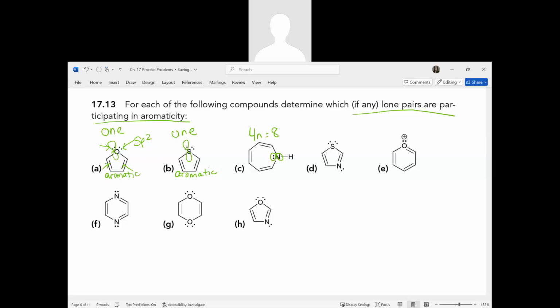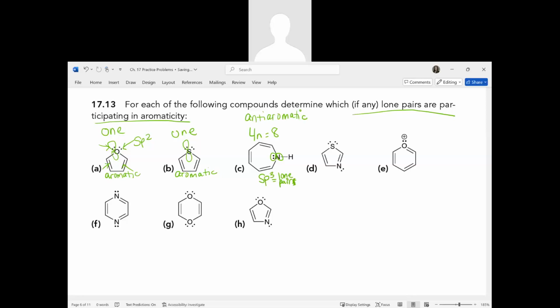So therefore, we would have an anti-aromatic compound. And to avoid the increased instability associated with anti-aromaticity, the lone pair would be expected to occupy an sp3 hybridized orbital in this case. Oh, just the lone pair.